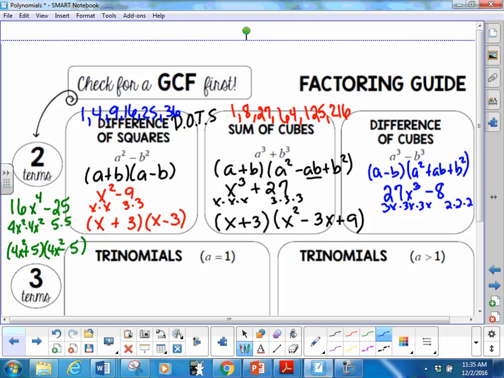Okay, so this one, it's going to be 3x minus 2. I'll put my second parentheses down here.